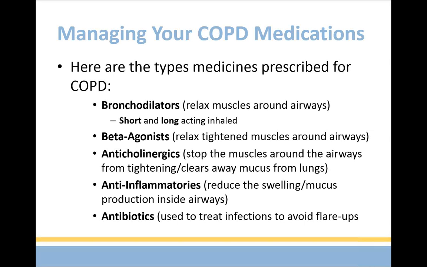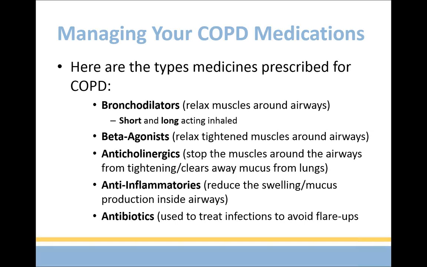You'll see albuterol, Combivent, and DuoNeb. Those are examples of short-acting bronchodilators. There are also the corticosteroids that are prescribed. You might see names such as Flovent or Pulmicort, prednisone, for example.